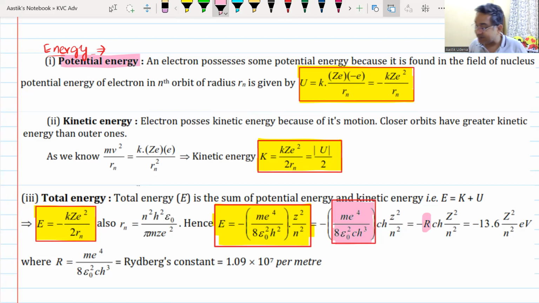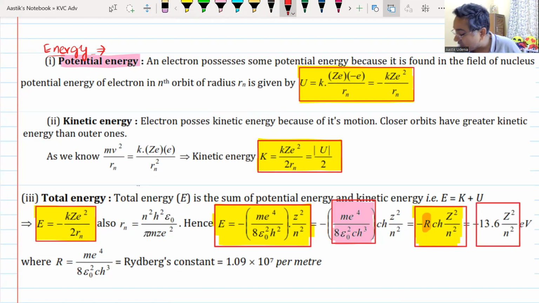Do we understand this? Yes. This chapter, as I keep on telling you, is all about remembering things in different ways. You can write this as minus RHC into Z square by N square. Again, the value of this minus RHC becomes minus 13.6 electron volt. Have you heard this? Minus 13.6 electron volt.